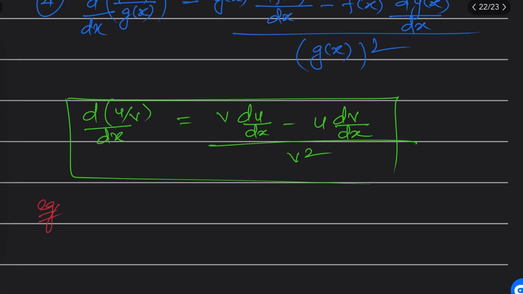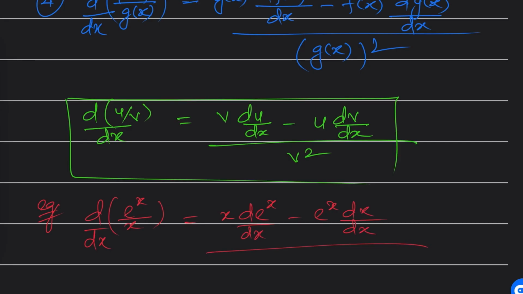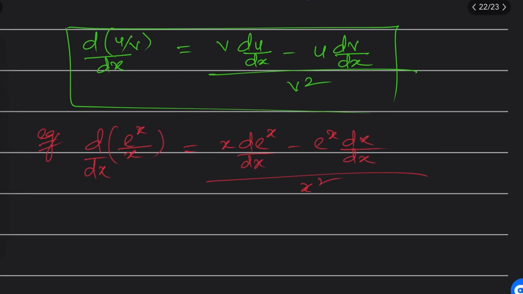Now example, sir. Understand the example. Same example I am taking, differentiation of, let's say, e to the power x by x with respect to x. Sir, you can write like this: v as it is, differentiation of e to the power x with respect to x, minus e to the power x as it is, differentiation of x with respect to x, divided by x square, v square.